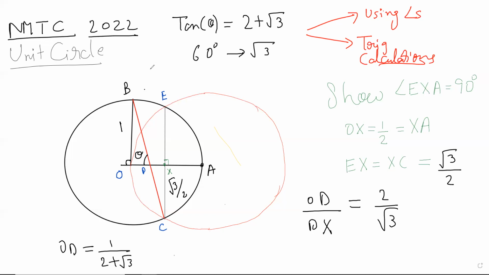So here, did we assume that EC is perpendicular to OA? Did we assume this? No, you showed it, no?